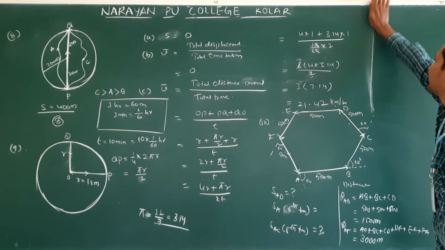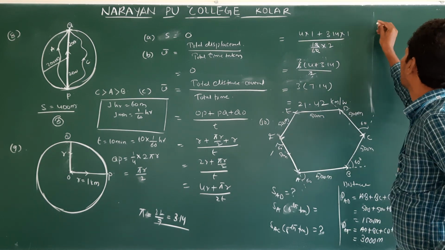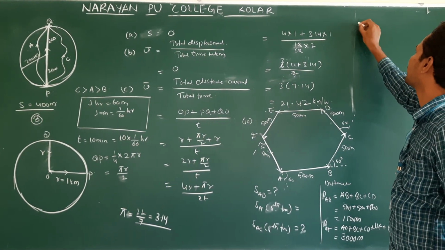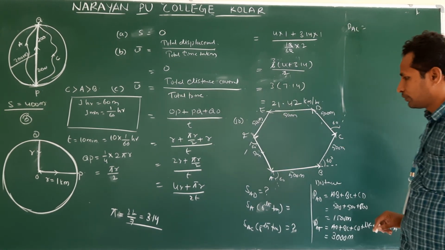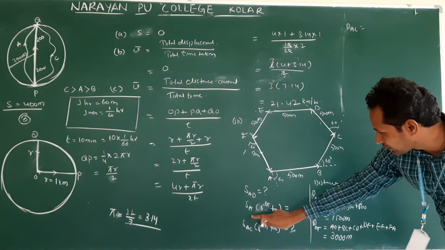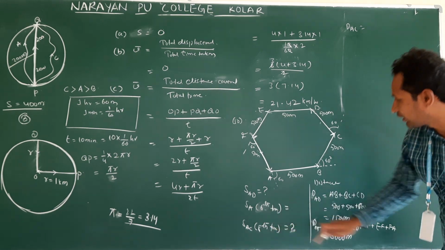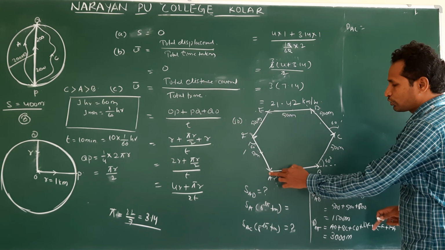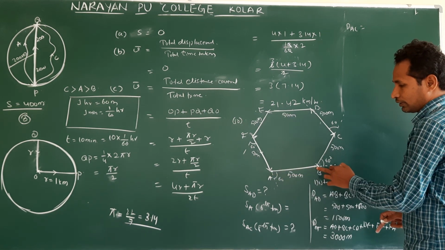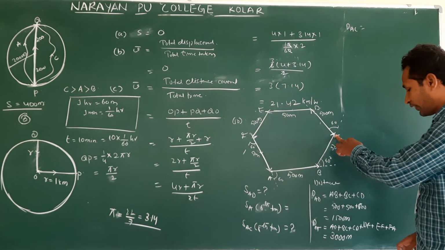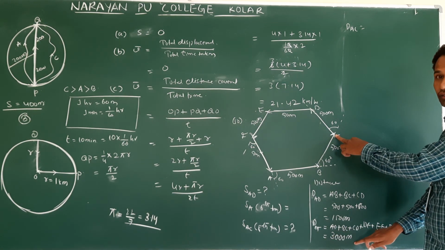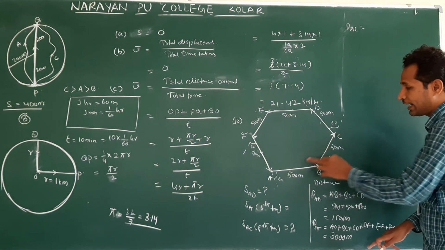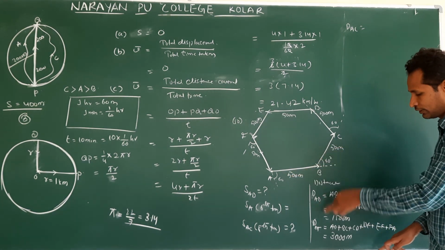Next, the eighth turn distance. Sorry, sixth is over. Eighth turn means already 6 turns are over, then 7, 8. For 6 turns, the total path length is 3000 meters. Again add 2 more 500s.